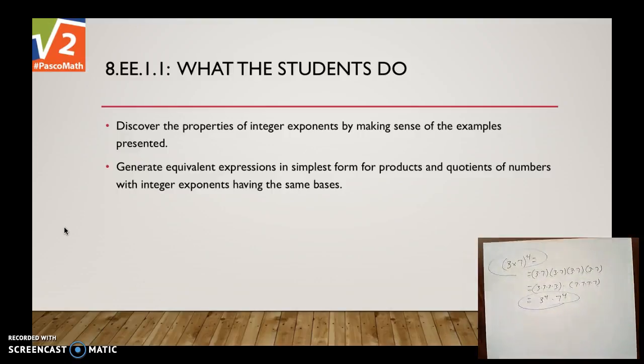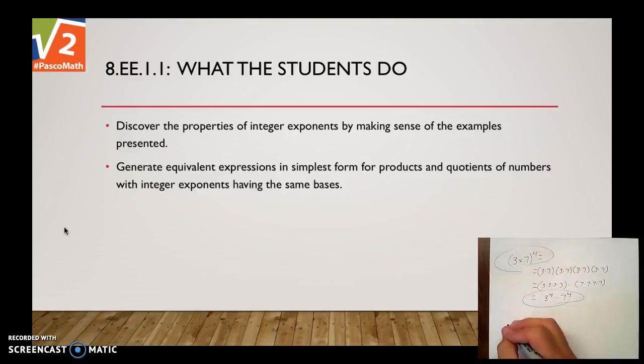If we were just using, let's say, a generalized format of a times b to the n, well, that's just equal to a to the n times b to the n. And again, that comes from the students, not the teacher. We also want students to generate equivalent expressions in simplest form for products and quotients of numbers, with integer exponents having the same bases.